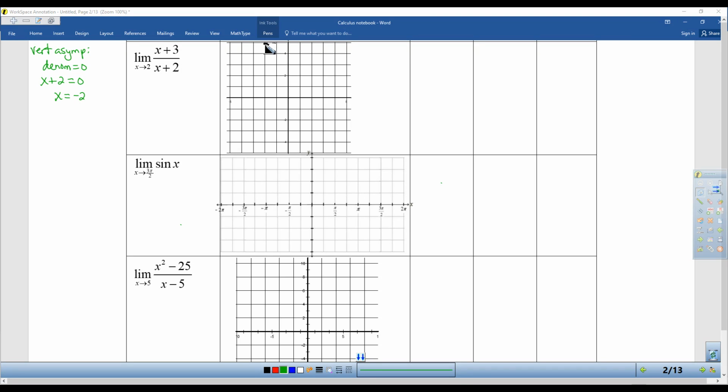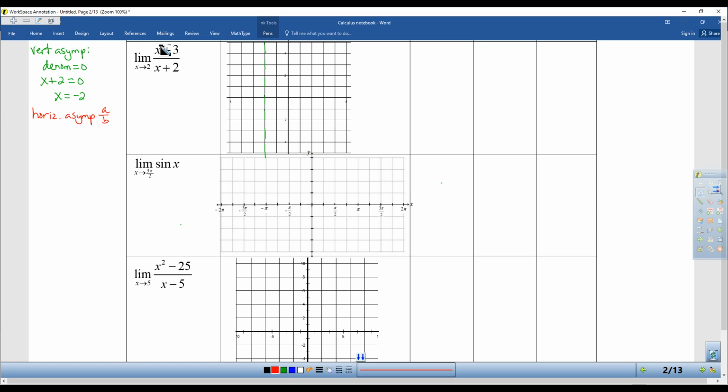You have literally just found the vertical asymptote. The horizontal asymptote can be found by looking at the coefficients, a over b, when the powers of the variable, usually x, are the same.